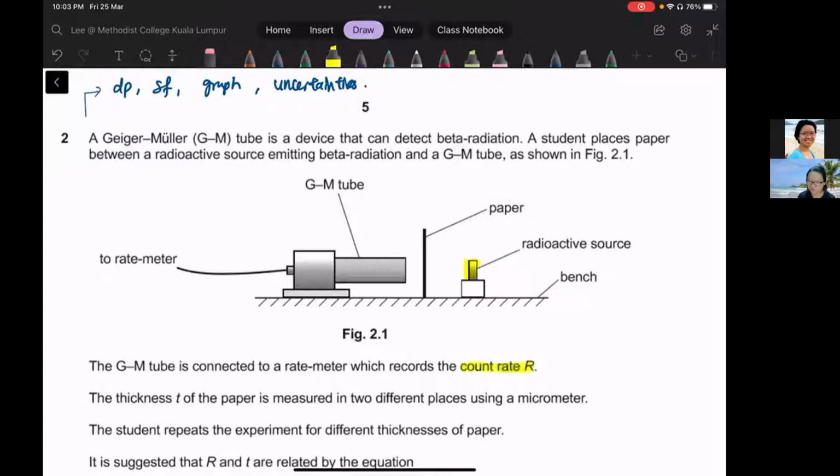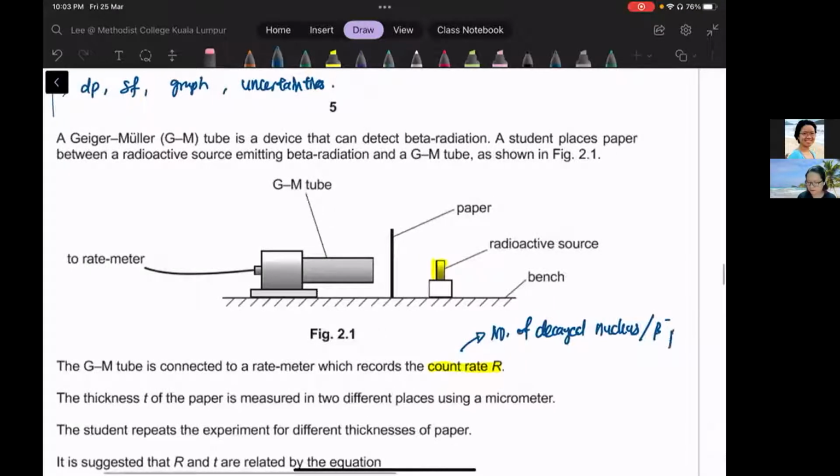I don't think we have covered this chapter yet, but count rate is, to oversimplify it, the number of decaying nuclei, or in this case beta particles, because each decaying nucleus will release a beta particle, per unit time. That's why there's a rate here.